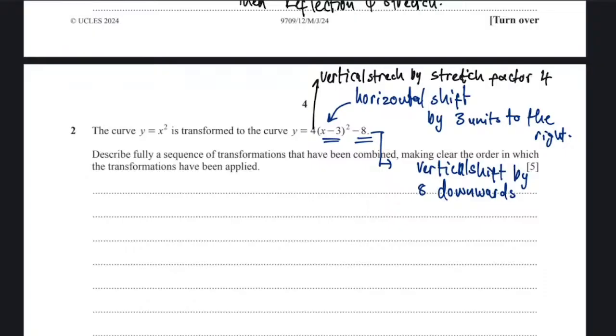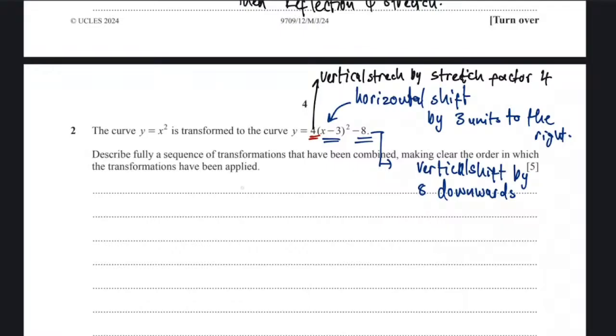Why is it stretch factor 4? Because it is the 4 that is multiplying. When it's vertical, you put it exactly. If you had seen x being 4x, that means we are multiplying inside where x is. It would have been a horizontal stretch, and you would say by factor 1/4.